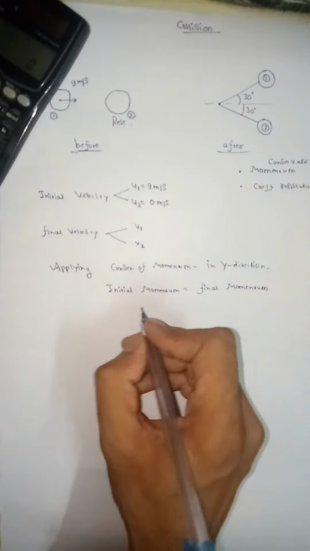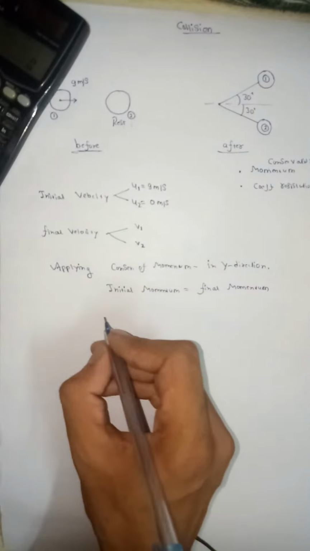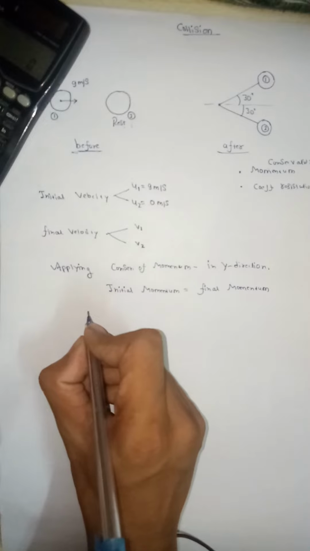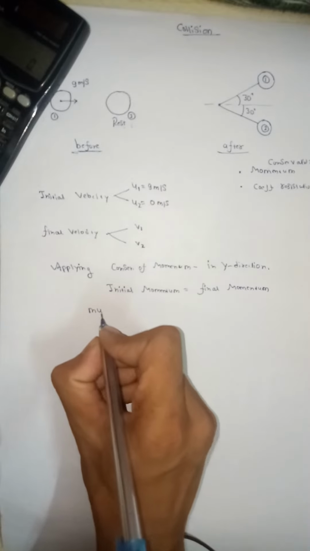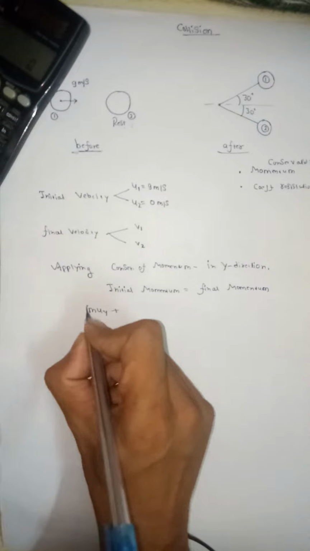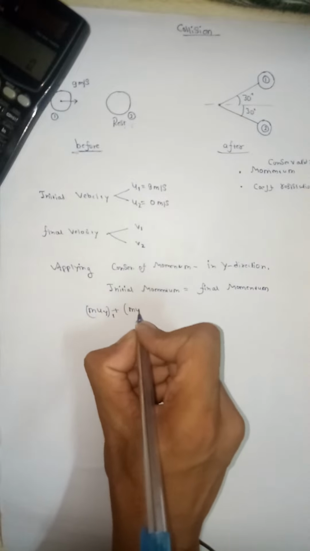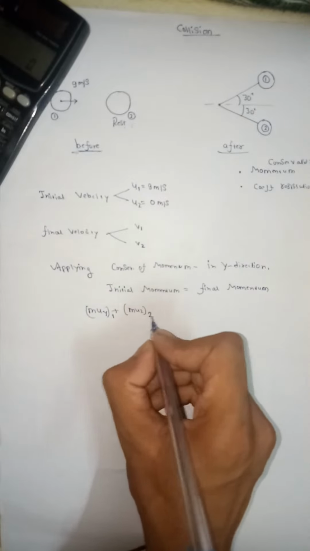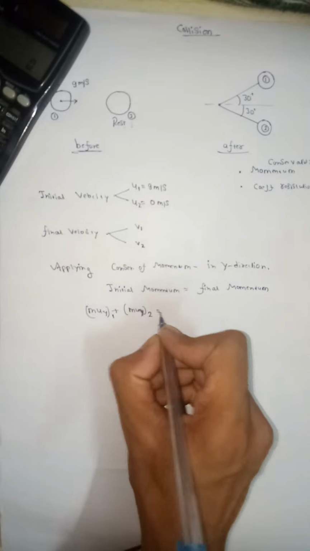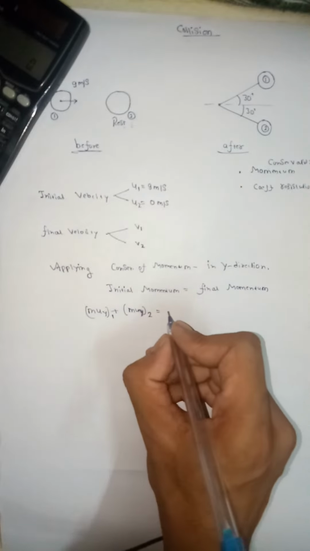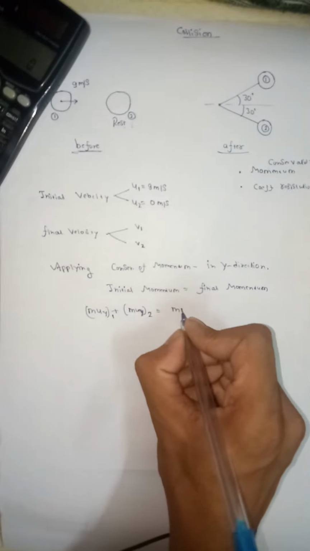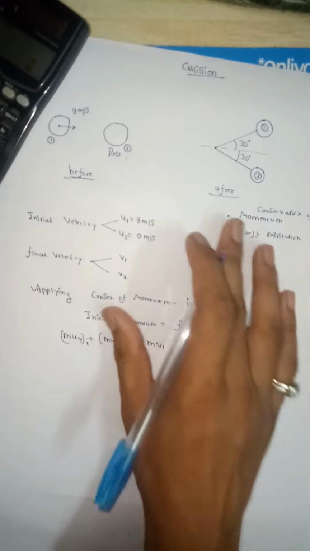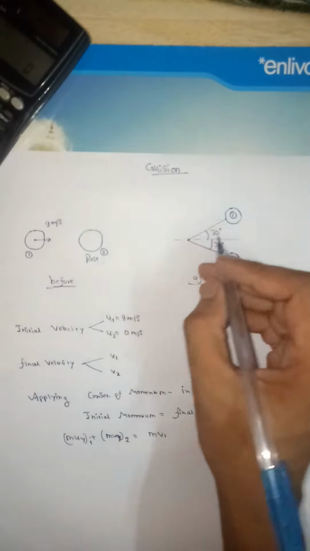So what is the initial momentum in y direction? It is nothing but mass into velocity in y direction for body 1, plus mass into velocity in y direction for body 2. And the final momentum for body 1 is nothing but mass into v1. Now, since we are taking momentum in y direction, the velocity will be taken in y direction.